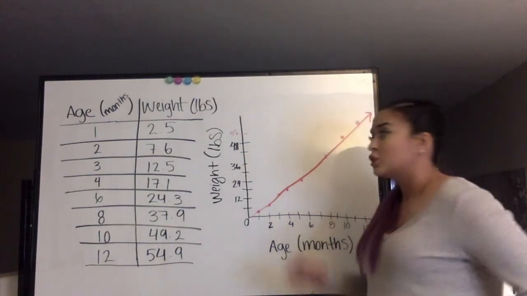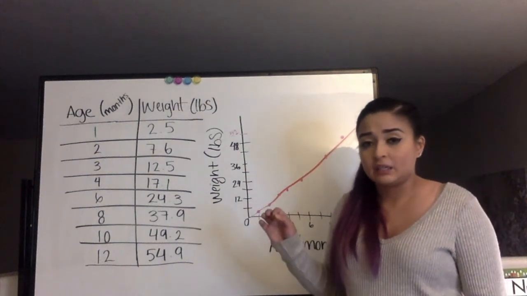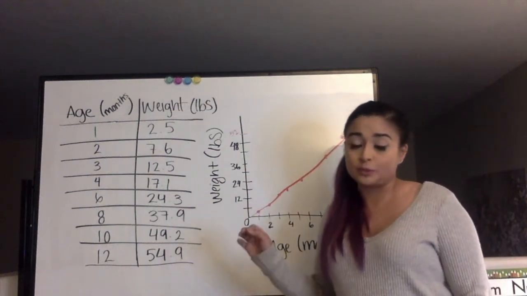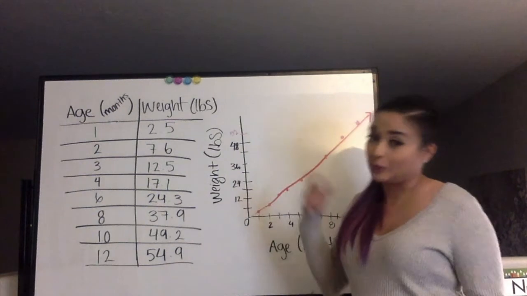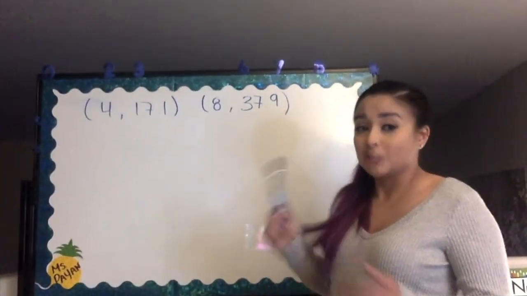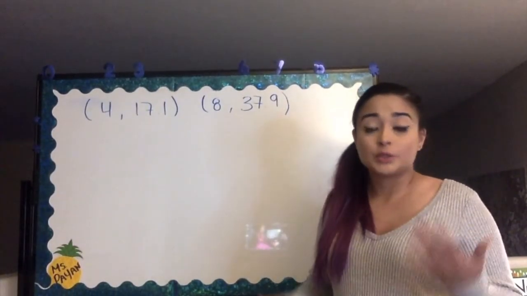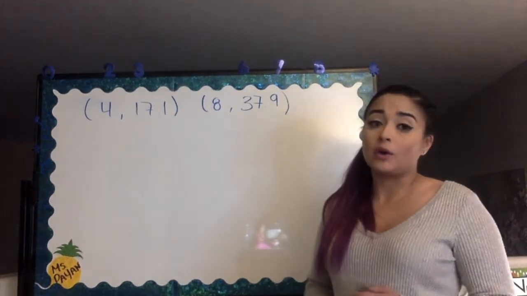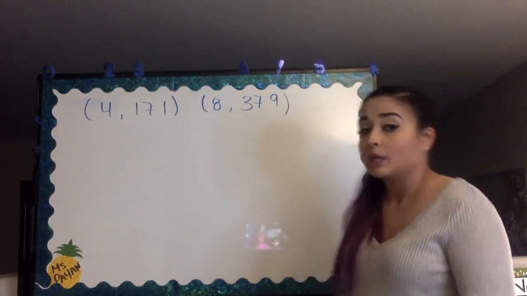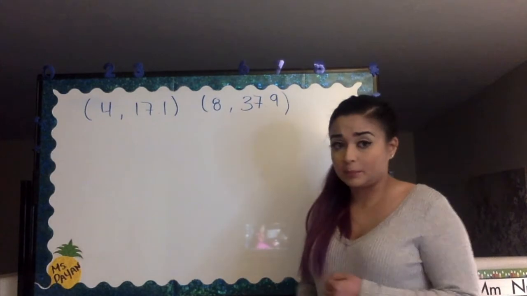Now, to find an equation to write this, let's go into our next step. To write an equation for our scatter plot or trend line, we're going to choose 2 points in the scatter plot.